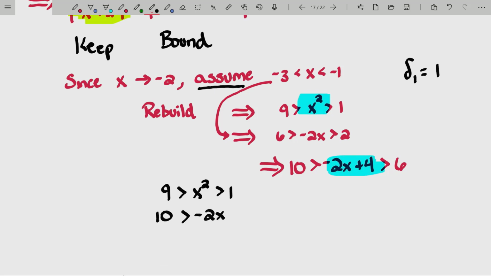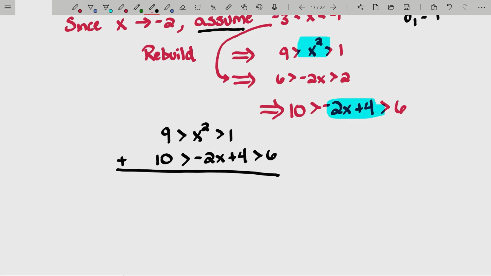And I'll give you an example here off to the side, but I'm just going to write it like this for now. When you add these up, make sure again that these inequalities right here and here are pointing in the same direction. They're all greater than in this case. Very, very important. Adding that up means that the largest this summation will be is 19.